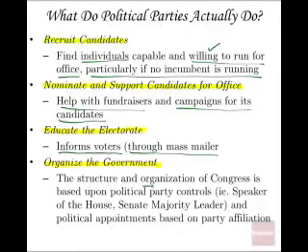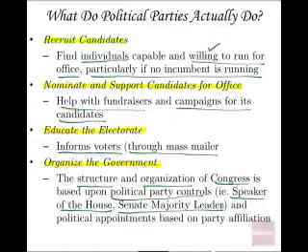The structure and organization, which we'll go over in our lecture about Congress, is controlled by political parties. Congress is organized based upon party control, for example, Speaker of the House and Senate Majority Leader. As of 2014, the Democrats controlled the Senate, with Harry Reid as Senate Majority Leader.